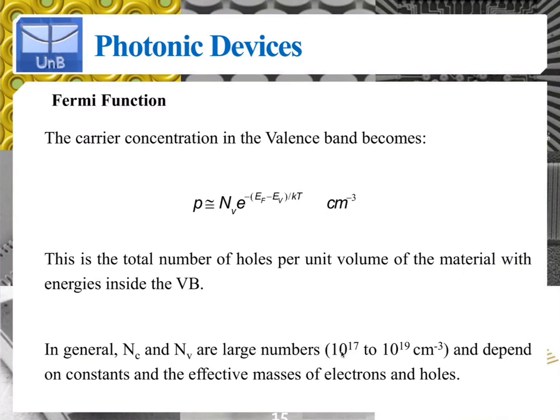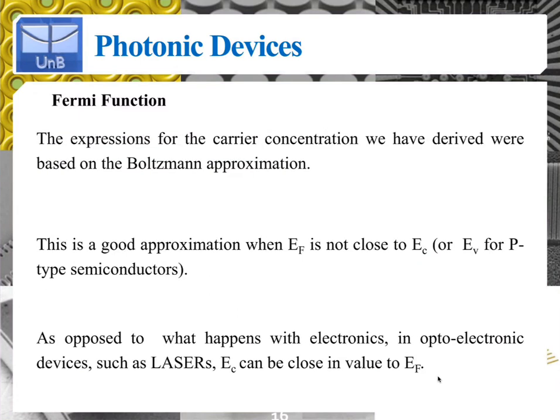Typically 10 to the 17th to 10 to the 19th per centimeter cubed, and they depend on the constants and effective masses of the electrons and holes, as can be seen by the respective expressions. The expressions for the carrier concentrations we have derived were based on the Boltzmann approximation, which is a good approximation when EF is not too close to EC or EV.